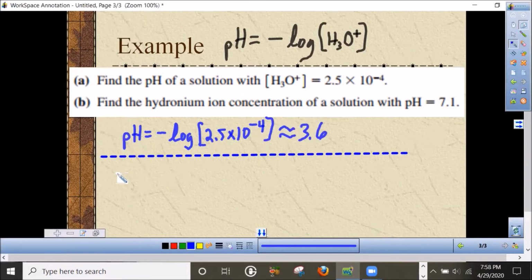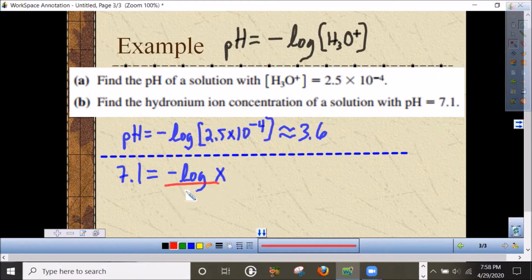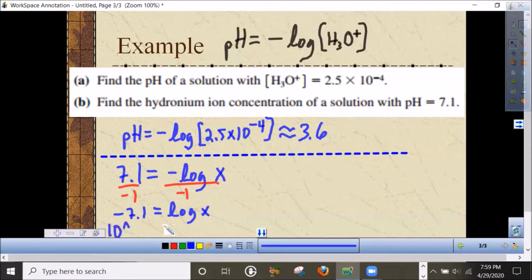For question B, we're actually trying to solve for the hydronium ion concentration. To solve this equation, first we'll divide both sides by negative 1. So negative 7.1 is equal to the log of x. And then to solve the log equation, we're going to raise both sides as a power of the base, which is 10. This is the common log. Raise both sides as a power of 10 to cancel out the log.